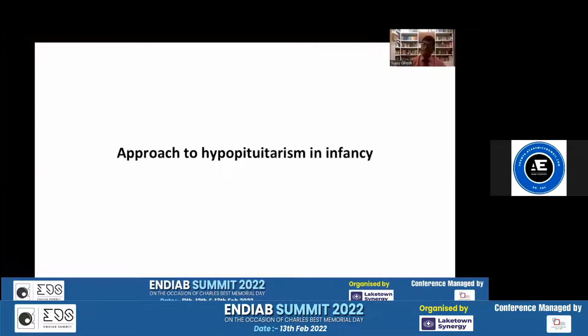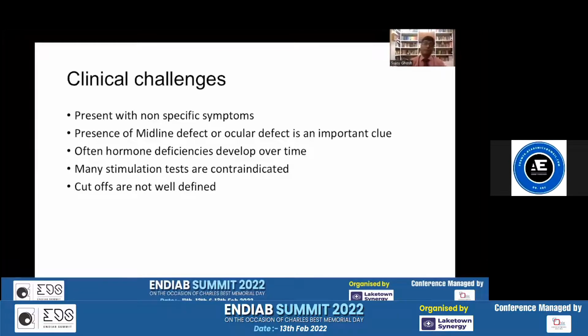If you look at an approach to hypopituitarism in infancy, there are certain clinical challenges because they may present with non-specific symptoms. They might have midline defects, ocular defects, or even skeletal defects, which might help you figure out which of those transcription factors or soluble factors is a problem. Sometimes these hormone deficiencies will develop over a period of time.